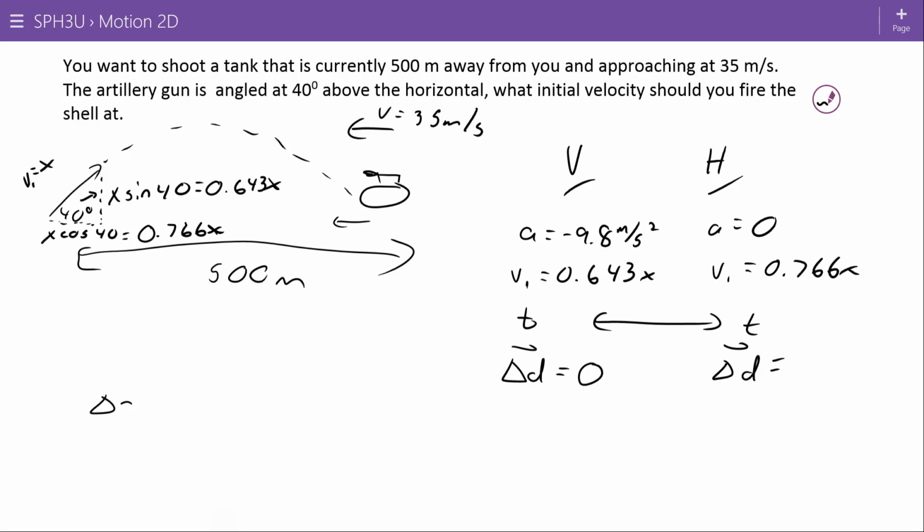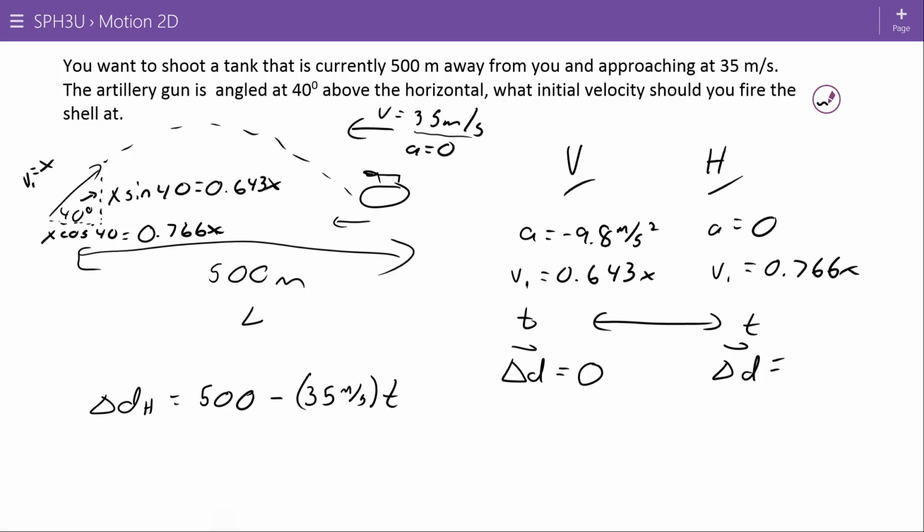The displacement in the horizontal direction, if the tank was not moving, would have to be 500 meters. If the tank is moving 35 meters per second, then the tank is going to move 35 meters per second times the amount of time that it takes for the projectile to fly through the air, or t as we've put it.